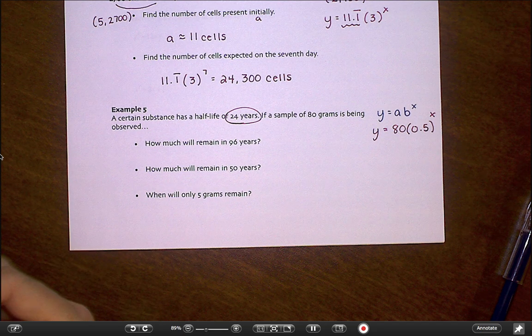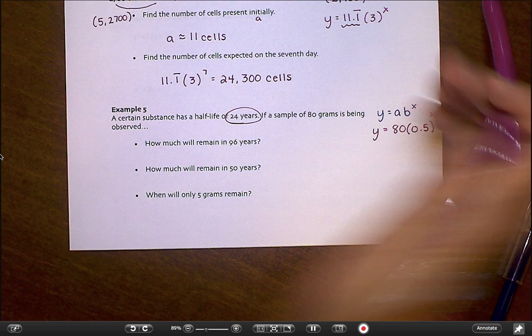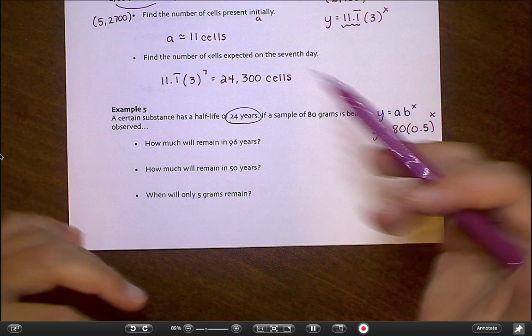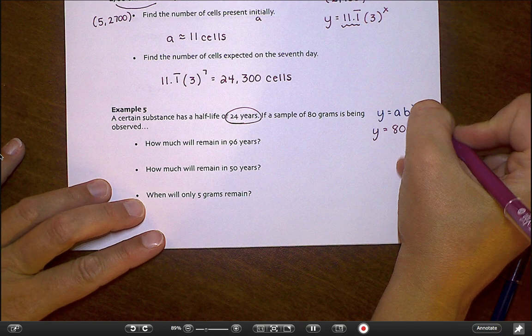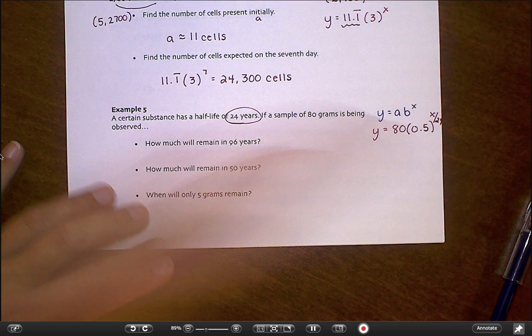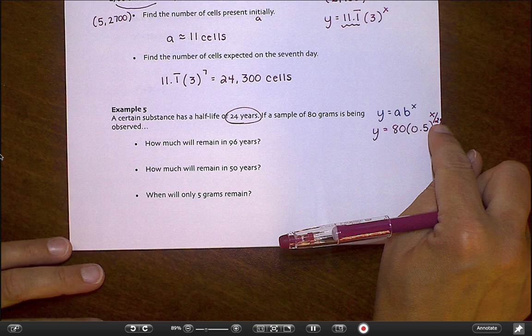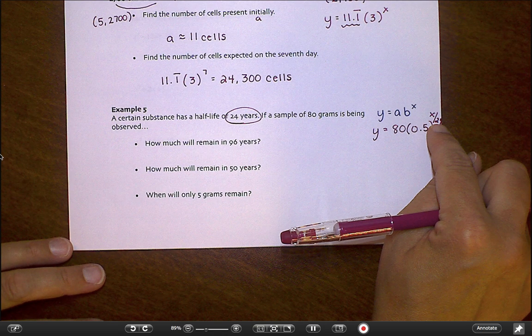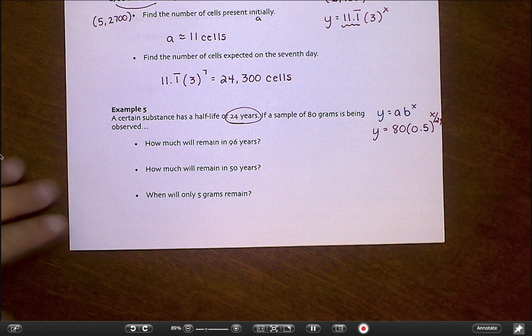The way I handle that, if I've got all these years spread out in front of me, and I want to put them into groups of 24 to figure out how many times I'm actually cutting in half, I'm going to take that X and divide it by 24. Sorry, that's going to run off the page there. But that's how I deal with the half-life: I always divide by whatever the half-life is. So maybe on the bottom here, I'll write this down.